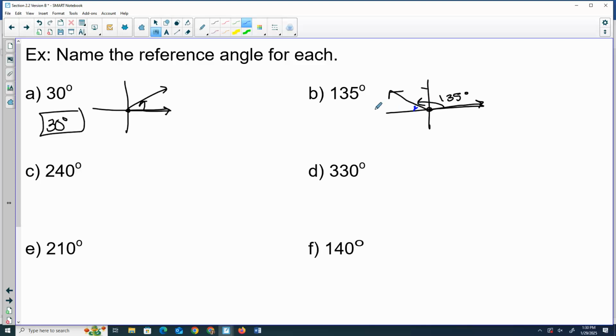We call the reference angle a lot of times theta prime. So tick mark means reference angle. How would I find the distance to the x-axis? We get 45 degrees. So this one has a reference angle of 45 degrees.